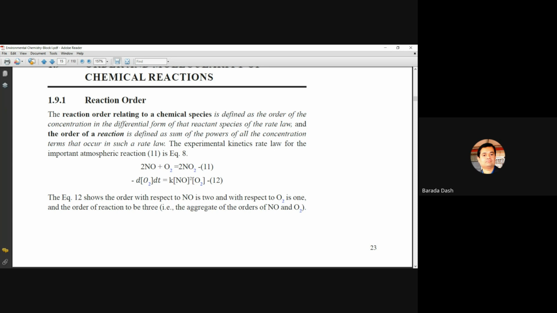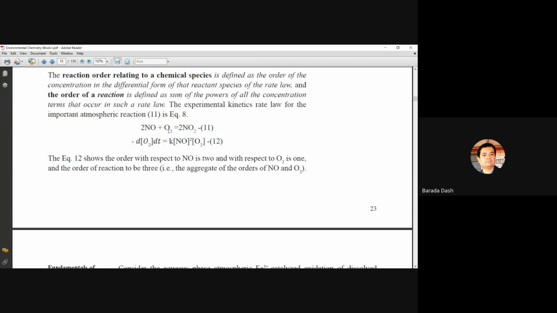So basically, you see one example: 2NO plus O2 gives you 2NO2. So d[O2]/dt equal to k, where k is the rate constant, times [NO] to the power 2 and [O2]. In this case, there is a 2 over NO, so the power is 2, and for oxygen the power is 1.